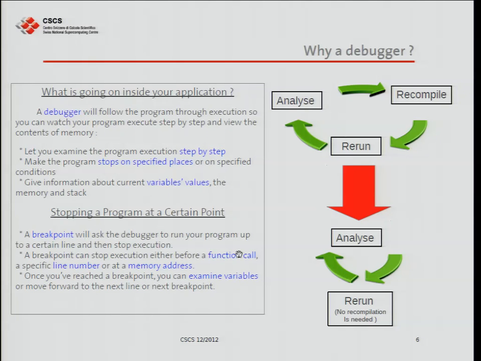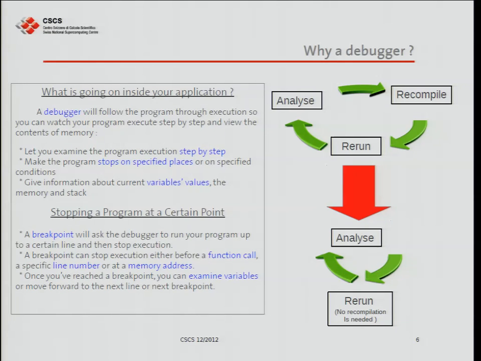But the advantage of a debugger is this. Let's say you don't have a debugger. What you do is you modify your source, insert some printf, compile your source code, run your application, look at the output of the job, then go back to the start of the loop, modify your source, recompile, rerun, look at the output, and that can be a very time-consuming process.